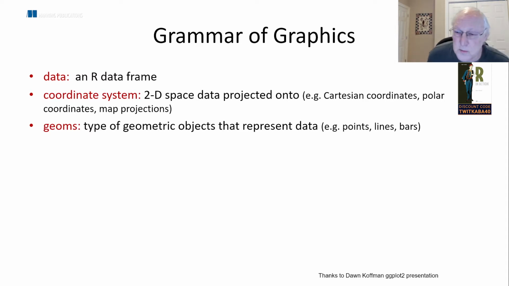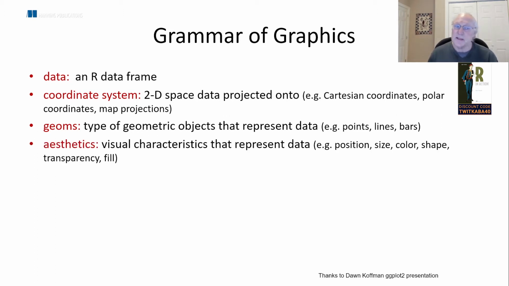Geoms. Geoms are the objects that we're going to place on our graph, whether that's points or lines or bars or error bars or bubbles, but any physical representation that we're going to stick on our graph, we're going to call those geoms, for geometric objects.